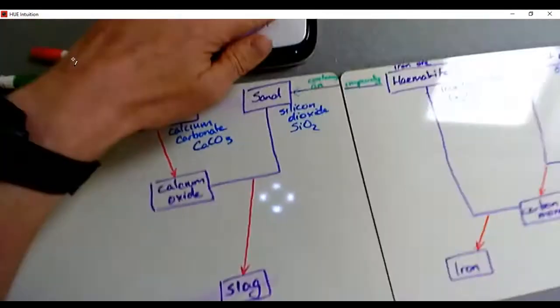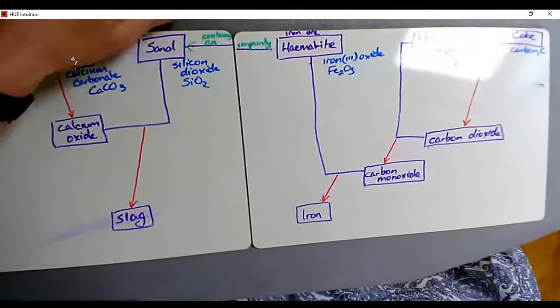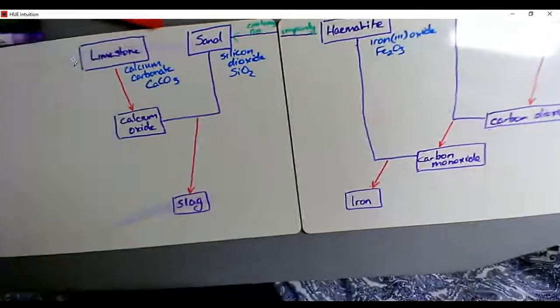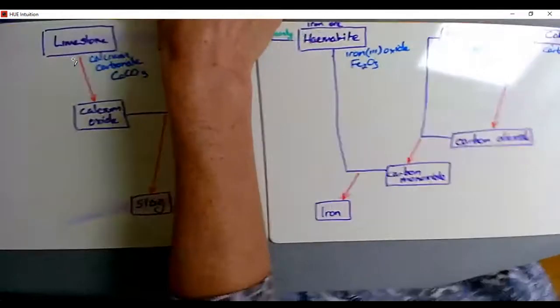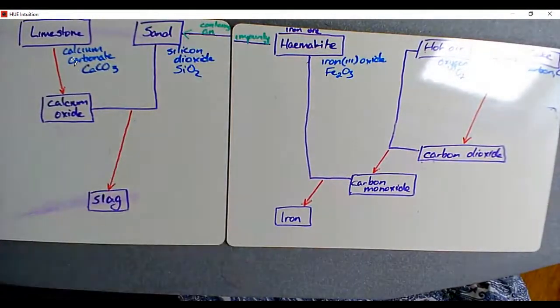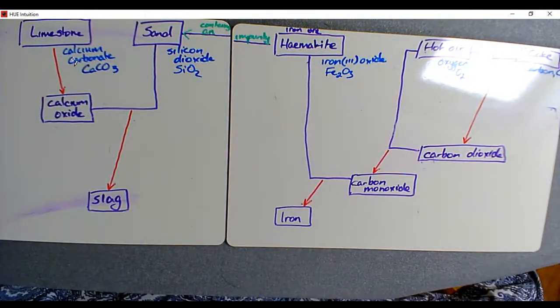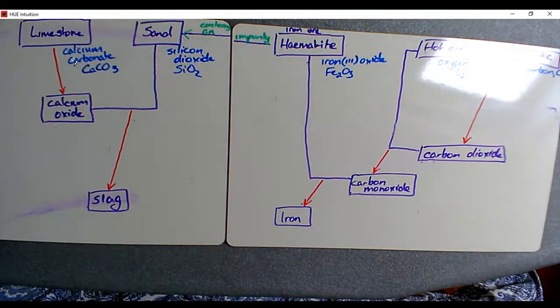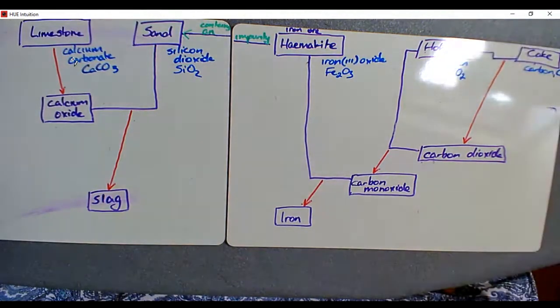If you look at the graphic organizer, have a look at that and you'll see that there are 2 substances produced. There's slag and iron, so there are 2 products from the blast furnace.